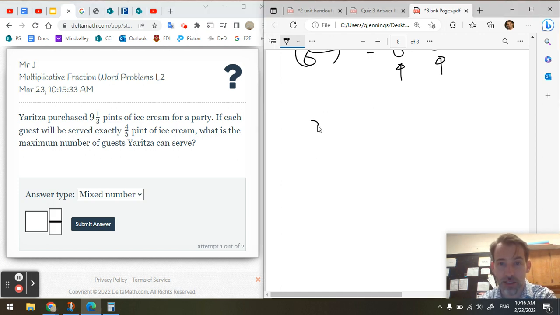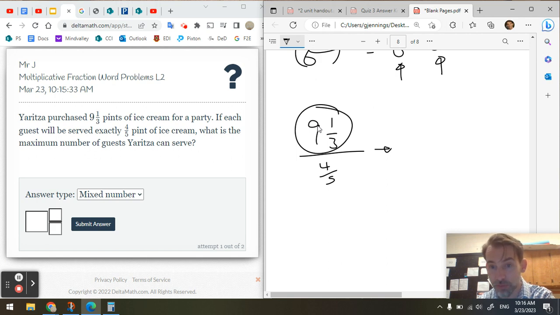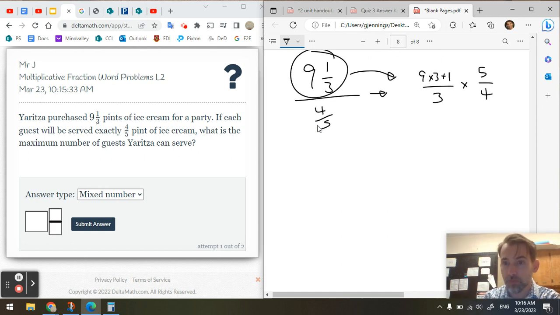So what I need to do here is answer this question: 9 1/3 divided by 4/5. Dividing is flip and multiply, and I'm also going to turn this mixed number into an improper fraction. So that's going to be (9 times 3 plus 1) over 3, multiplied by 5 over 4. That's me flipping and multiplying.